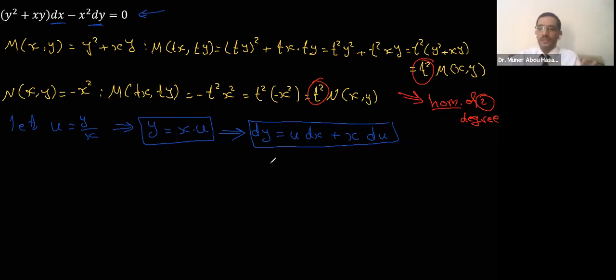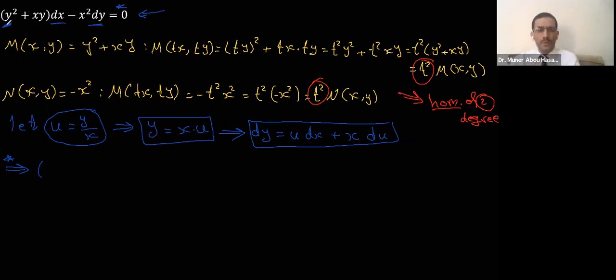So I'm trying to solve it using this differential. Let me plug into my equation star. Don't forget, when you use this substitution, you must write the new equation in terms of only u with no y.